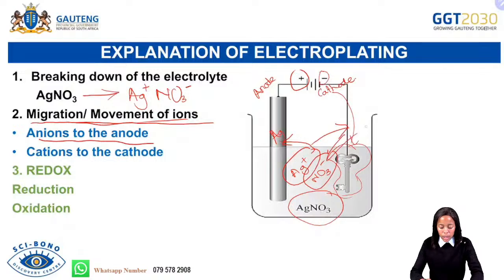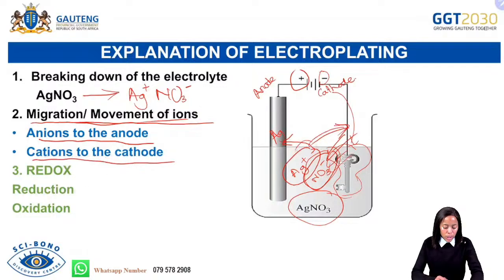Okay, so the anions, remember we said that the NO3 minus in this case is going to represent the what? Is going to represent the spectator ion. So if it's a spectator ion, it therefore means that it will not participate in the reaction there. So from there, cations, we are saying they migrate where? They migrate to the cathode.